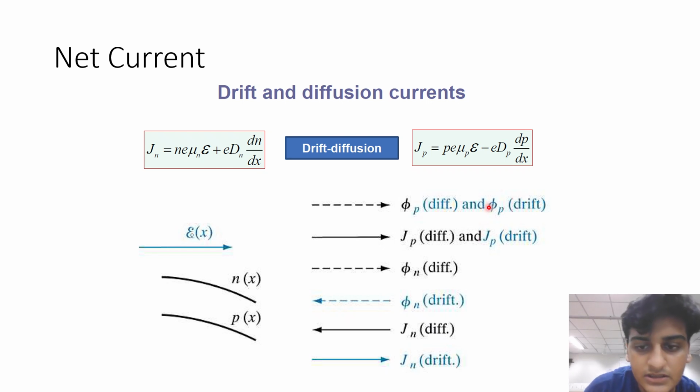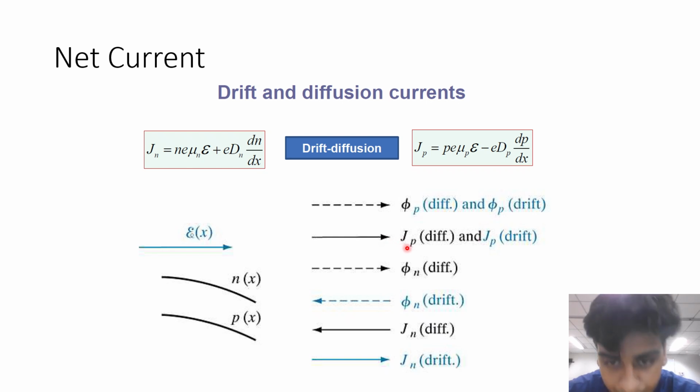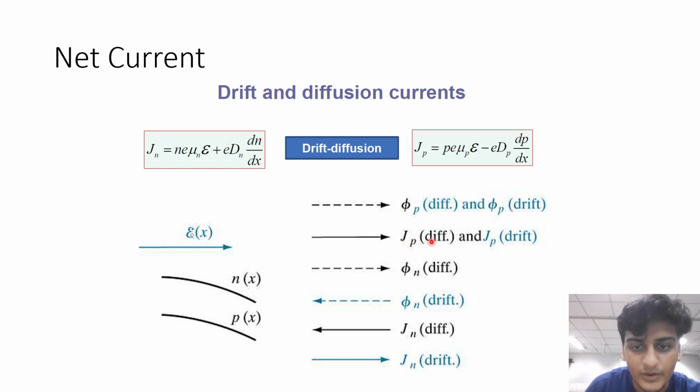Now for holes, the current is going to be in the same direction as the flux, because the positively charged particles move in the direction of current, since current is defined for positive charge. So we are going to have diffusion from left to right because the diffusion flux is left to right, and drift also from left to right.